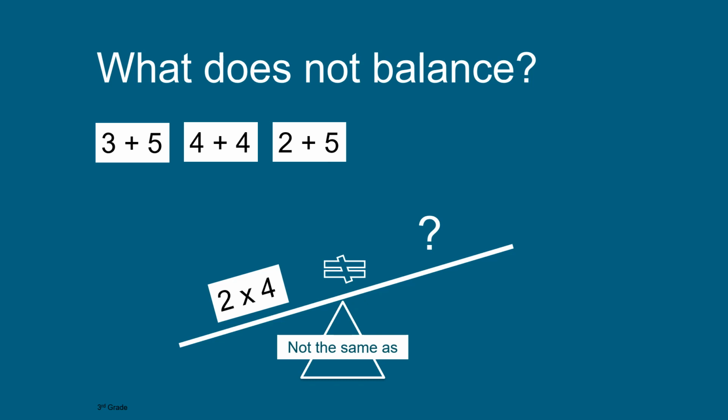How do you know that 2 plus 5 is not equal to 2 times 4? 2 plus 5 equals 7, while 2 times 4 equals 8. So 2 plus 5 does not equal 2 times 4.